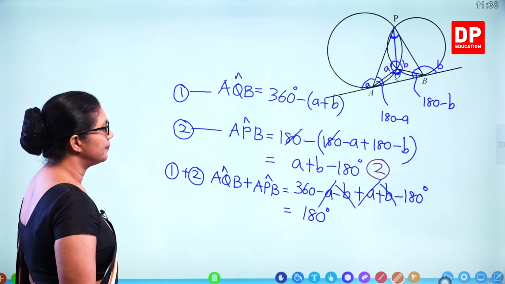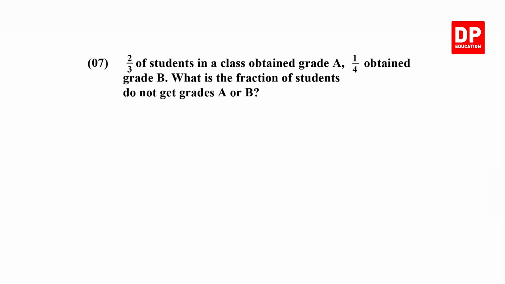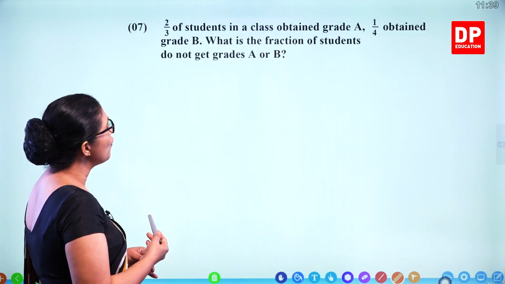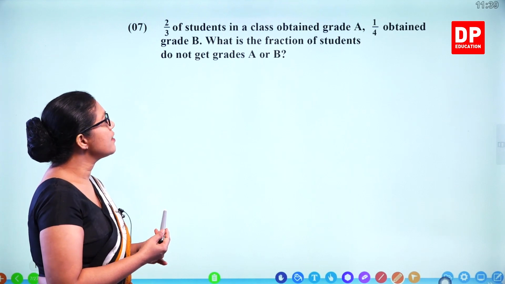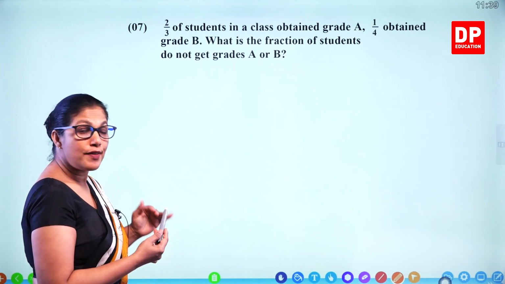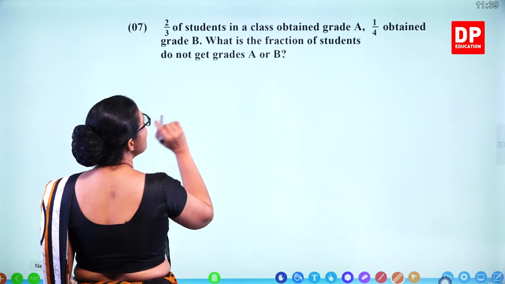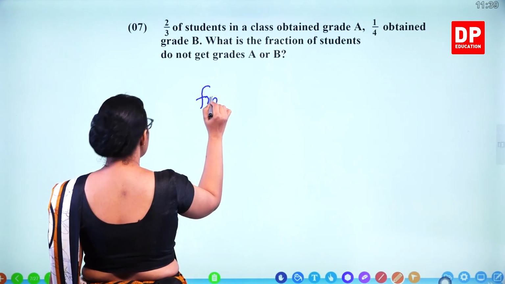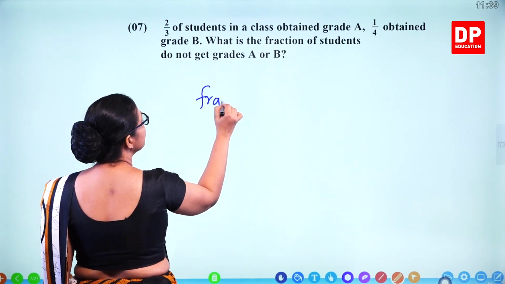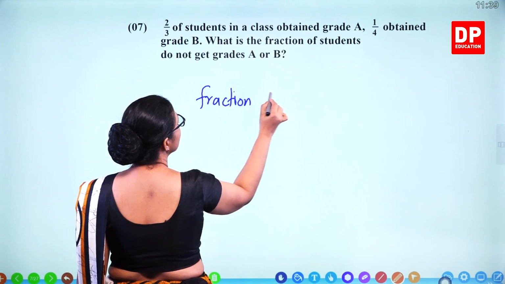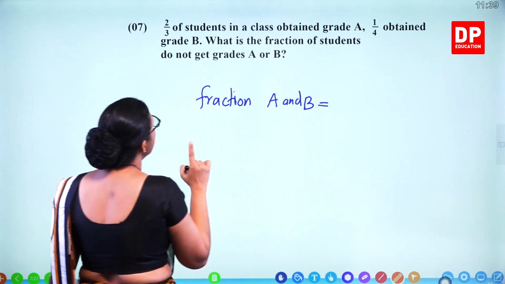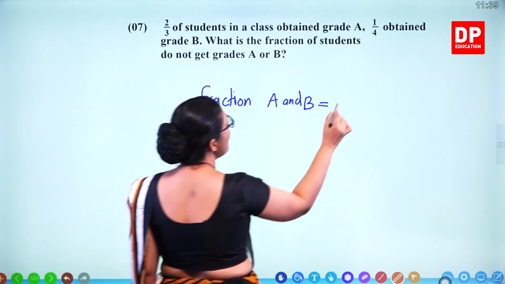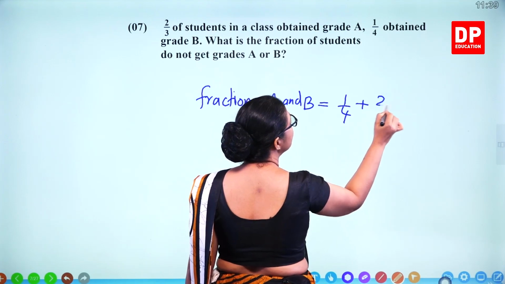Question number 7. 2/3 of students in a class obtain grade A. 1/4 obtain grade B. What fraction of students do not get grades A or B? So first we have to find the fraction of students getting A and B. One-fourth and 2/3.